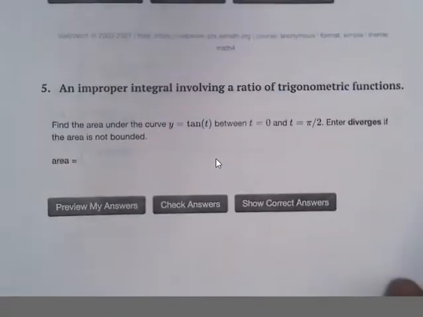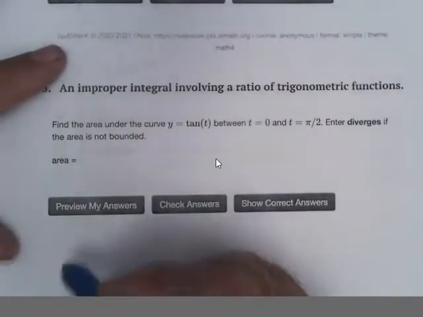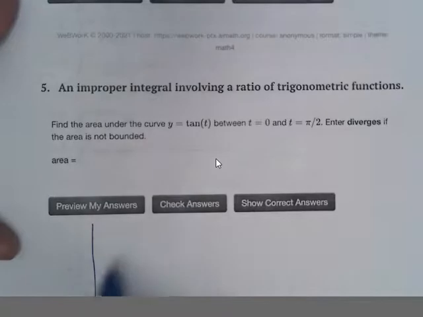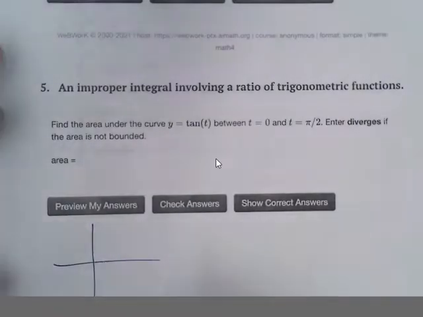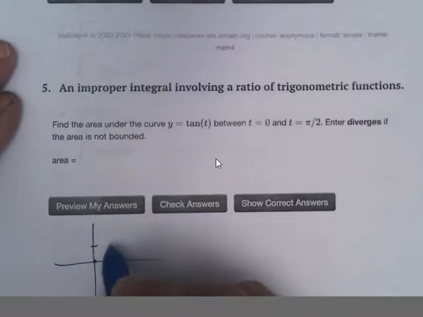All right, 5. Find the area under the curve y equals the tangent of x. So, what does the tangent curve look like? Well, the tangent of 0 is 0. The tangent of pi over 4 is 1.